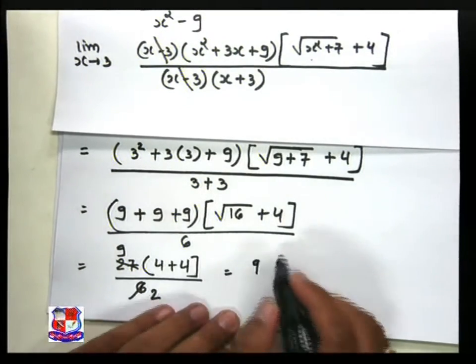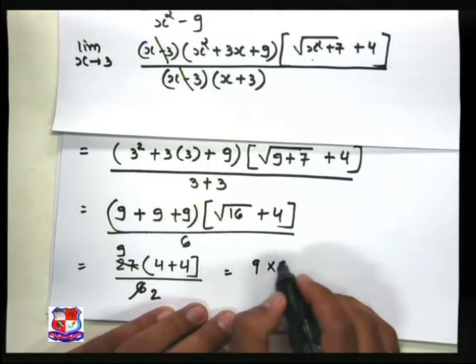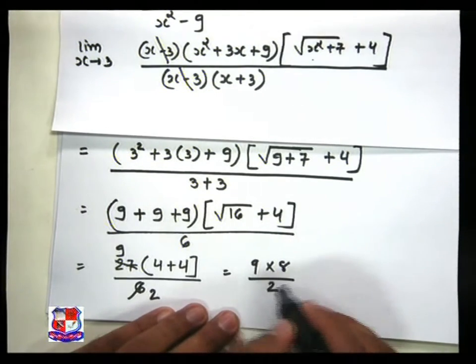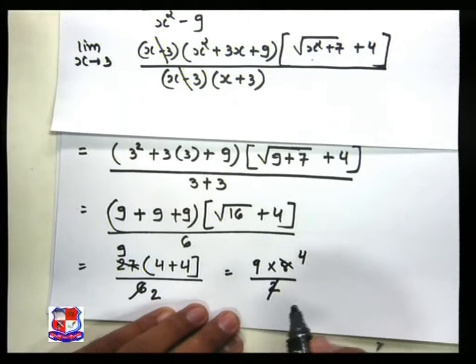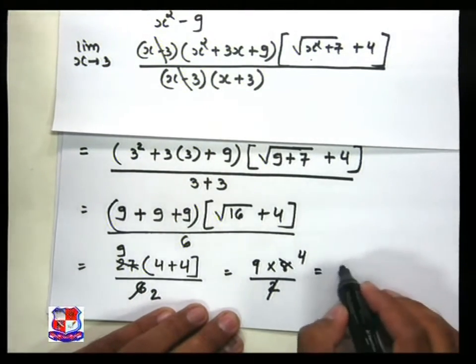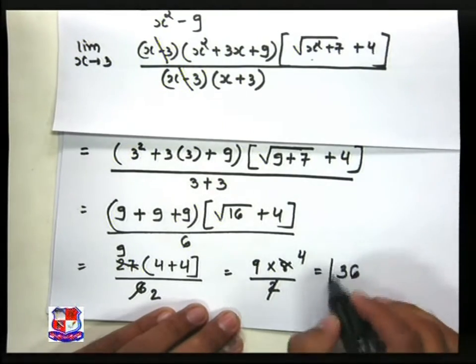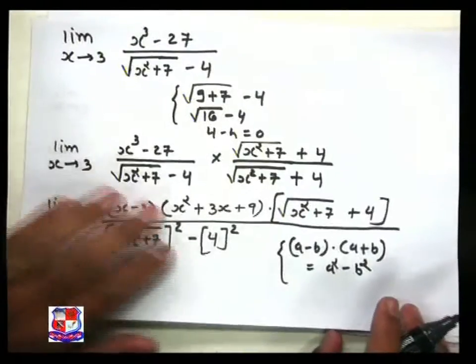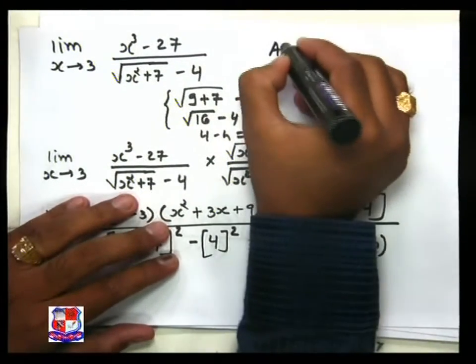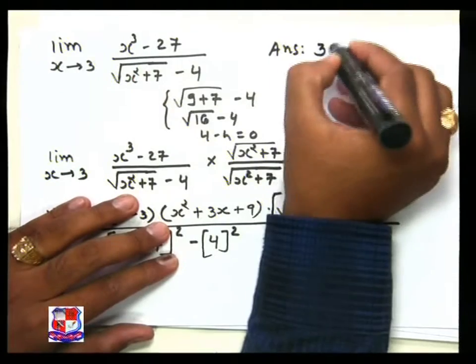Now again we want to simplify, that is 8 divided by 2, so here 4, here 2, that is ignored, and finally the result is 36. So we write our answer here, the result is 36.